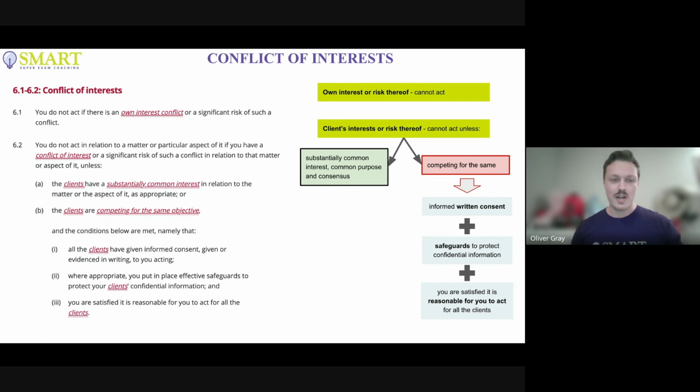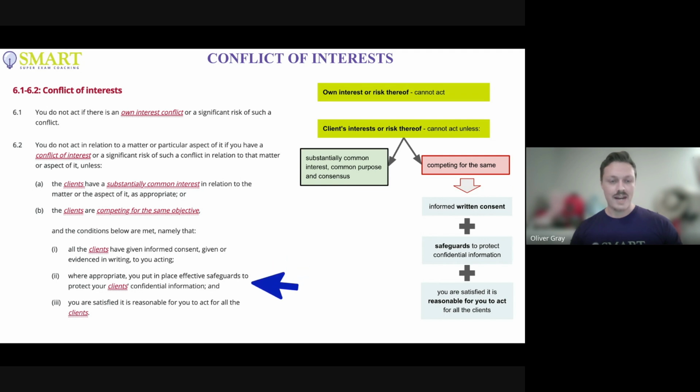Now, in that situation, we still need to comply with the other provisions in 6.2b. We need to make sure that we have informed consent, and we need to evidence that in writing as well. The firm I worked for previously, when dealing with these kinds of transactions, would always have a standard form where we said, these are the circumstances. We're making you specifically aware that we are also acting for the buyer or the seller, and we need you to sign this so that we have written evidence that we've made you aware of this and you still consent to it.